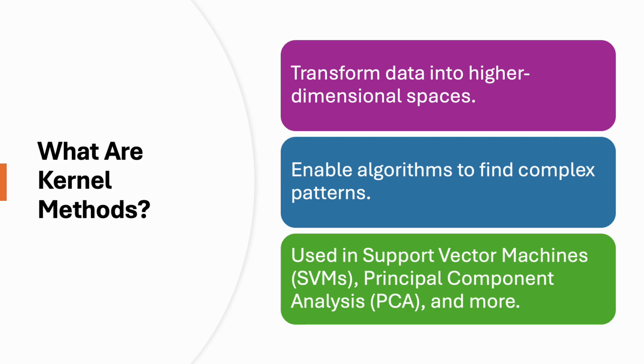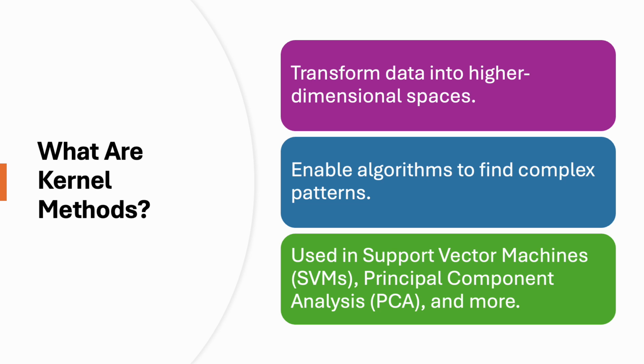Kernel methods are especially useful in robotics for tasks like object recognition, path planning, and even predicting how robots should move. For instance, if a robot needs to navigate a room full of obstacles, kernel methods can help it learn the safest path by transforming the map data into a form where the best route becomes obvious.